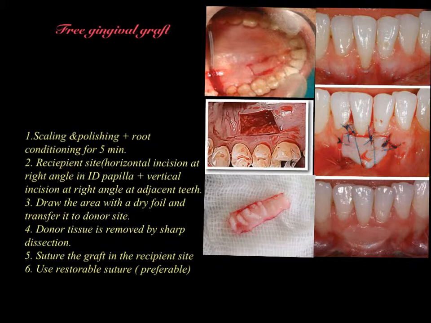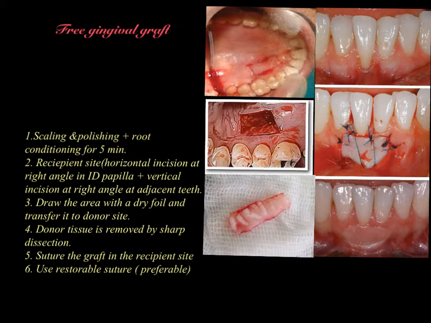The other main difference is that the grafted tissue doesn't have its own blood supply and therefore relies on blood supply and nourishment from the recipient site. But in the pedicle graft, we have its own blood supply from the tissue that's used for recession coverage.